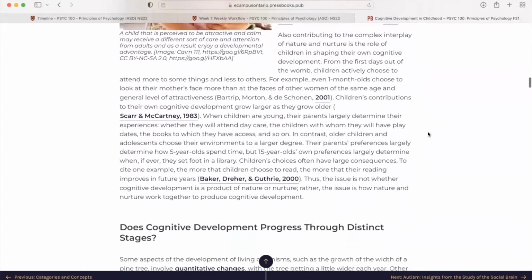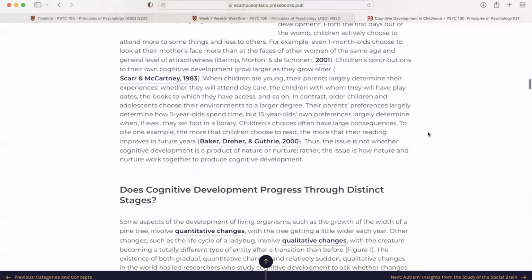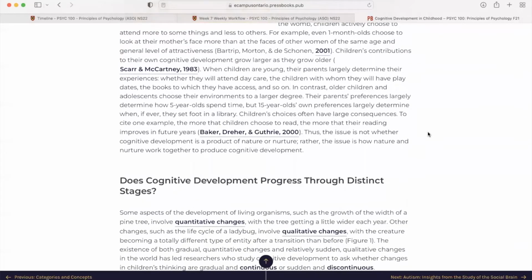When children are young, their parents largely determine their experiences: whether they attend daycare, the children with whom they will have play dates, the books to which they have access, and so on. In contrast, older children and adolescents choose their environments to a larger degree. Their parents' preferences largely determine how 5-year-olds spend time, but 15-year-olds' own preferences largely determine when, if ever, they set foot in a library.